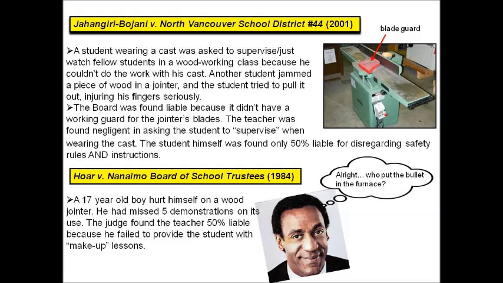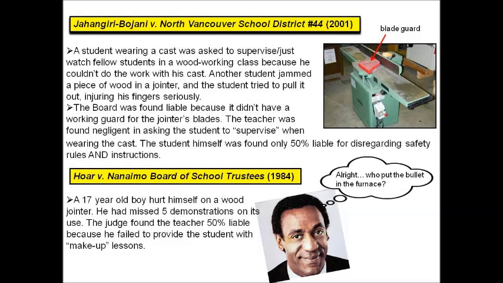Here's another one, Janagiri Bojani v. North Vancouver in 2001. A student wearing a cast was asked to supervise or just watch fellow students in a woodworking class because he couldn't do the work with his cast on, right? So you're injured, boy, go stand over there and watch as the other kids perform the thing.